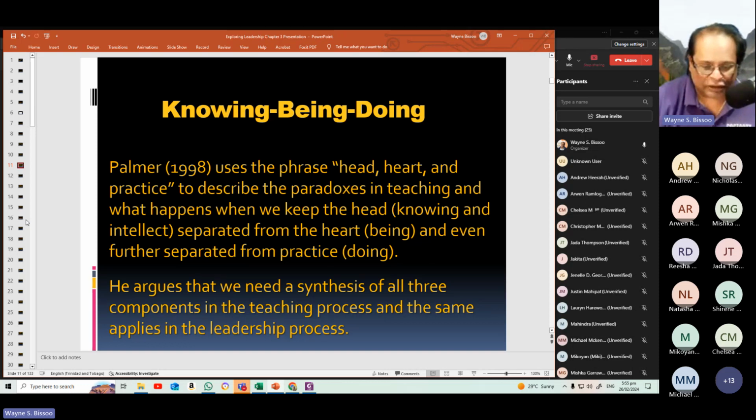So this is why knowing, being, doing is so important, because regardless of what you know about yourself and about your skill levels of expertise, if your heart is not in it, if you don't have the ethical values that are required for the activities that you're getting up to, then your practice is going to reflect this.